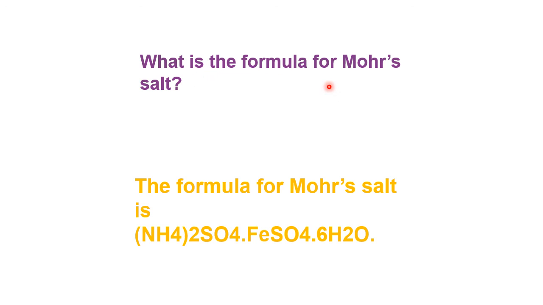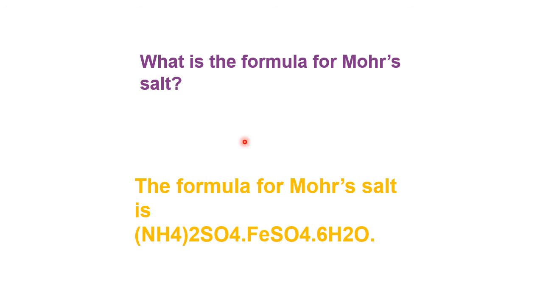What is the formula for Mohr's salt? Mohr's salt is a double salt. There are some double salts and there are some complex salts. A double salt is a combination of two salts. One best example we learnt in the lower class is potash alum, K2SO4.Al2(SO4)3.24H2O. It is potassium aluminum sulfate.